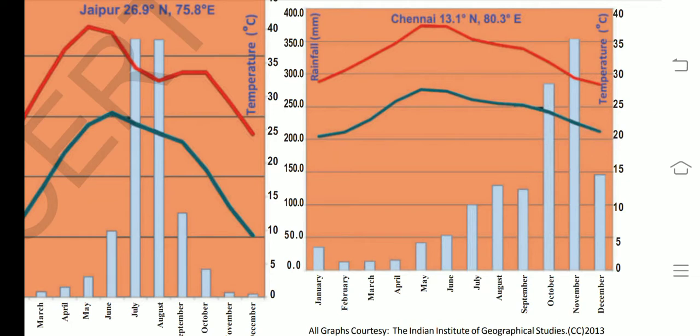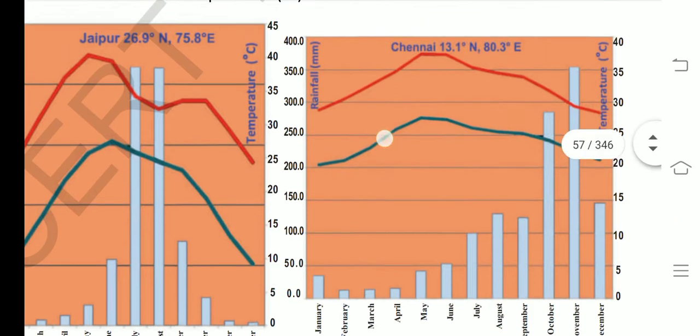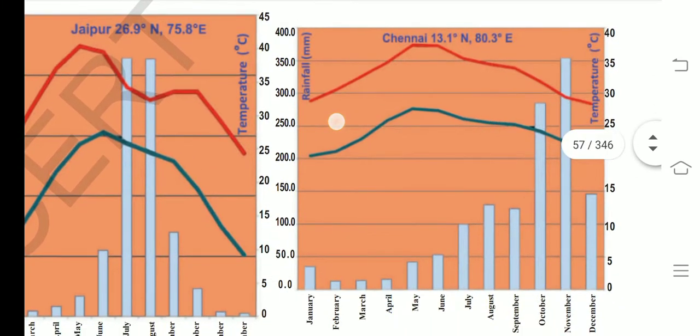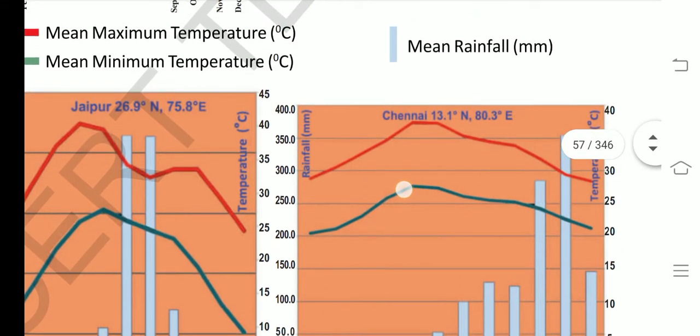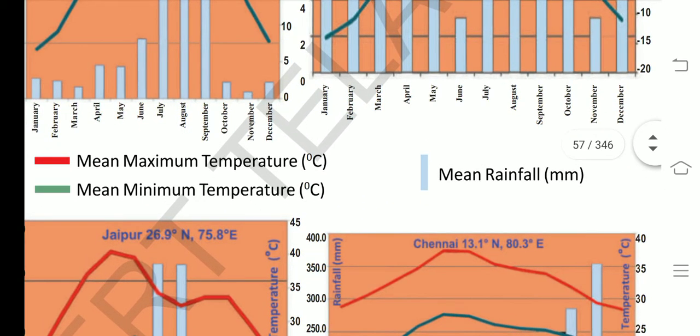Understand? So why is it recorded very little in Chennai? It is near the coastal area. So what is the factor bringing change in the climate of a place? It is the land-water relationship. When you write an explanation about the land-water relationship, you can take the example of Chennai, that is graph 4 with graph 1.